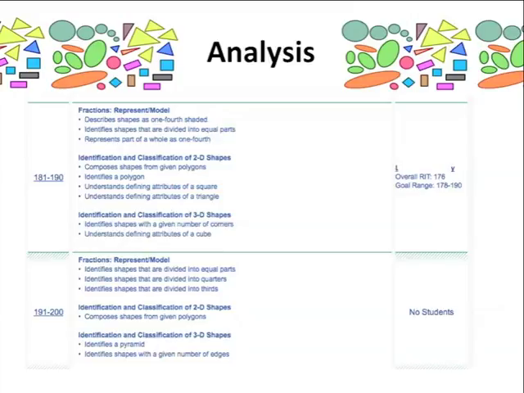So here's another higher end analysis look, and this was more along the higher end of my students. Now you can see down at the bottom that there is no students that are in this score range, and I just have one student in this higher level.